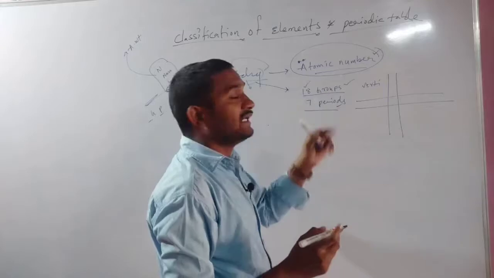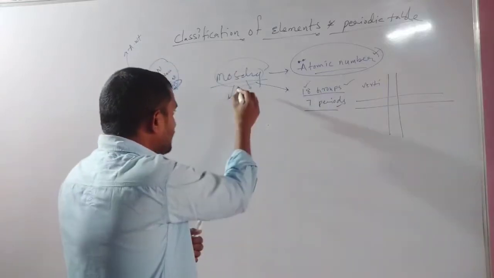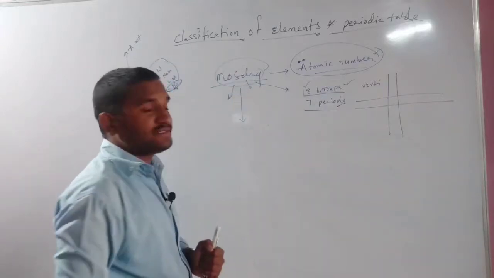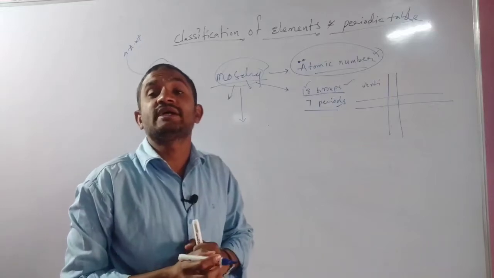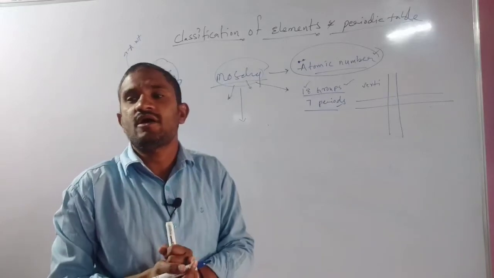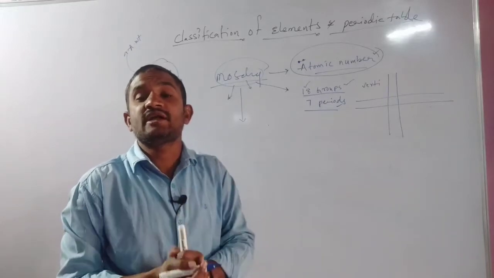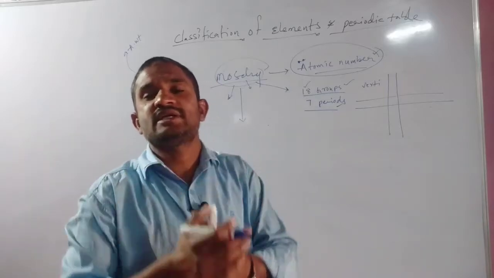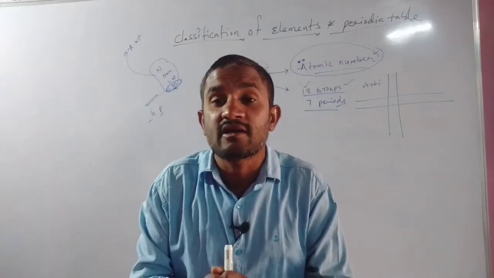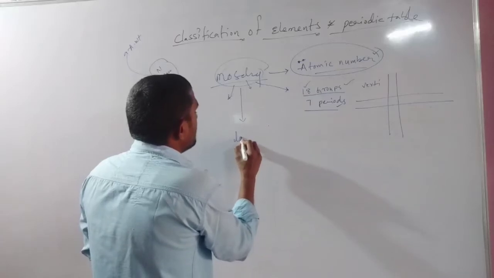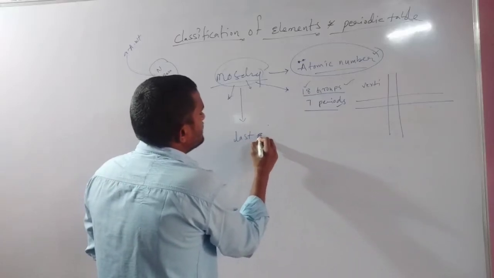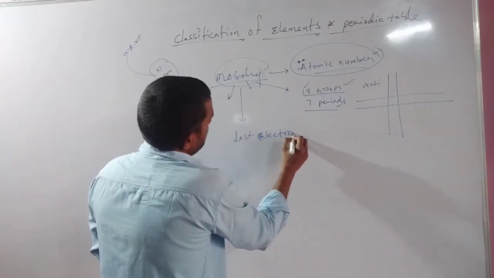7 periods, 18 groups. Again, in classification, on the basis of the differentiating electron. What is meant by the differentiating electron? The differentiating electron means the last electron.